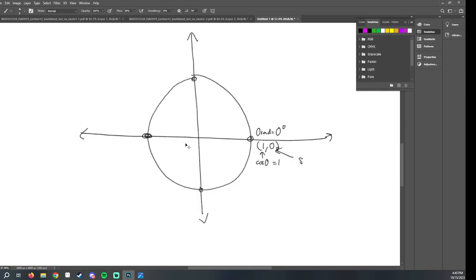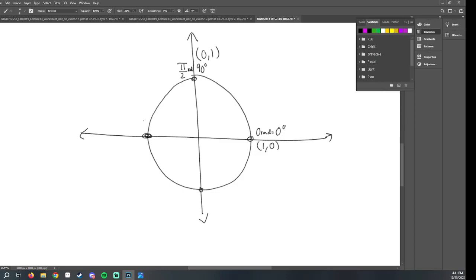So if I go around the unit circle, we again have our other 3 points that we talked about. I said this here is pi over 2 radians, which is the same as 90 degrees. And this point here is 0, 1. So again, we have the fact that sine of 90 is 1, right? Sine of 90 degrees is 1 because the sine is the y value here.